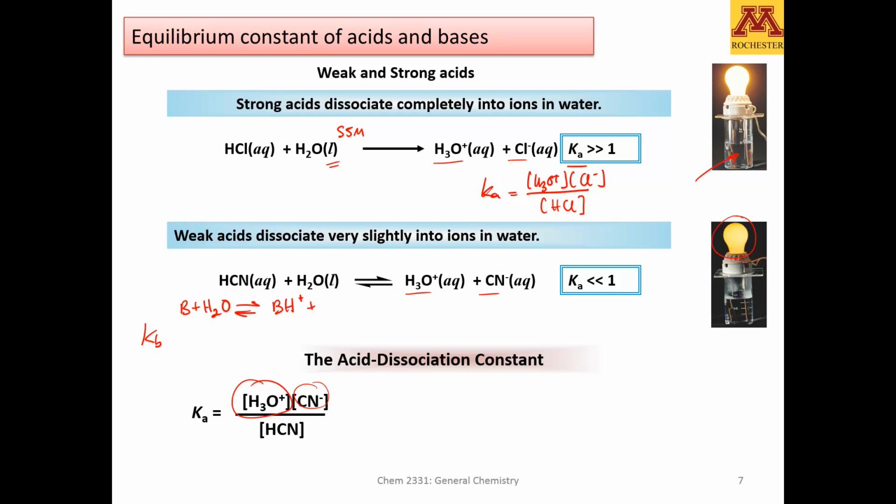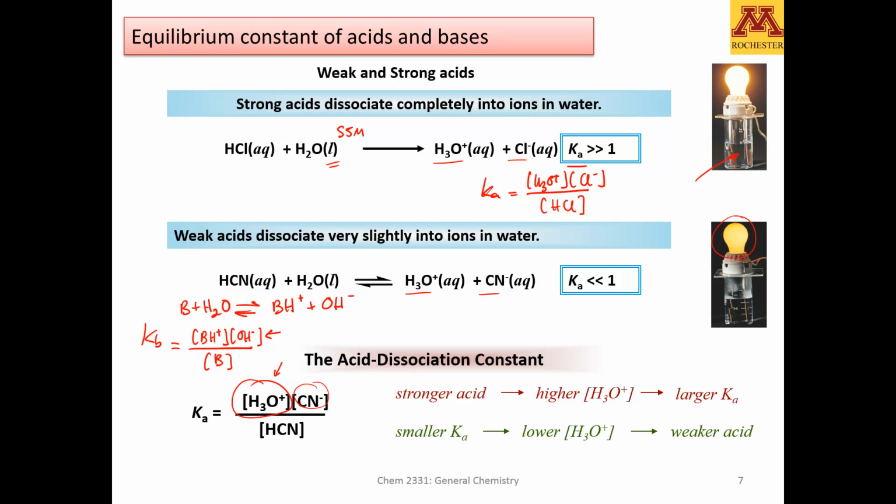A base dissociated in water will have a Kb in which the expression is, again, products over reactants. And notice that, as a difference from the Ka, a Kb has explicitly the concentration of OH negative, whereas a Ka has the concentration of H3O plus.